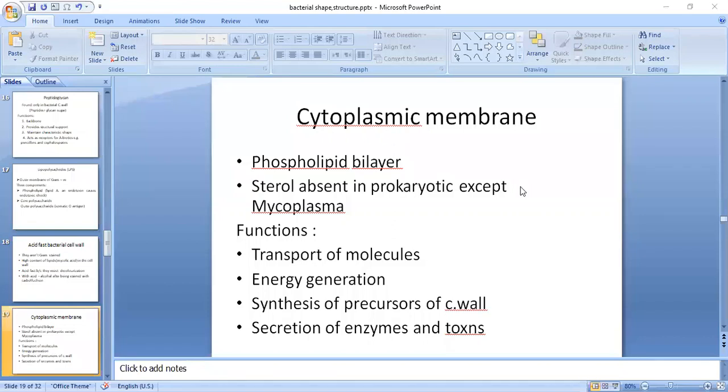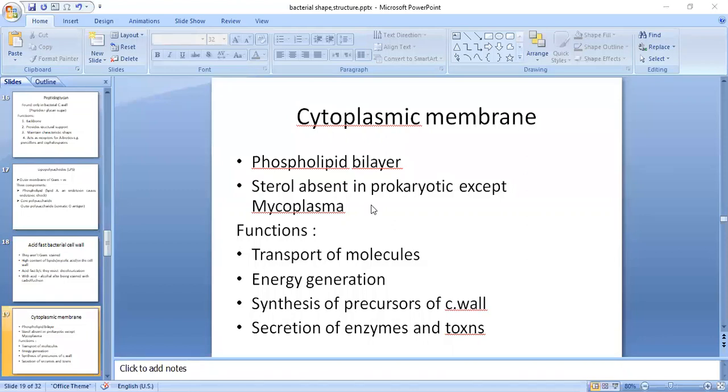You have to remember which bacteria have sterol in the cytoplasmic membrane. The only bacteria that have sterol in the cytoplasmic membrane is Mycoplasma. So you have to remember this, and it usually comes in the MCQ.